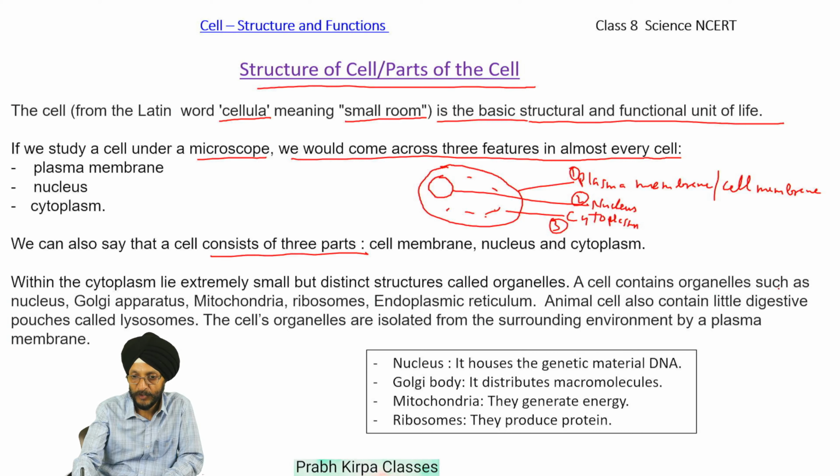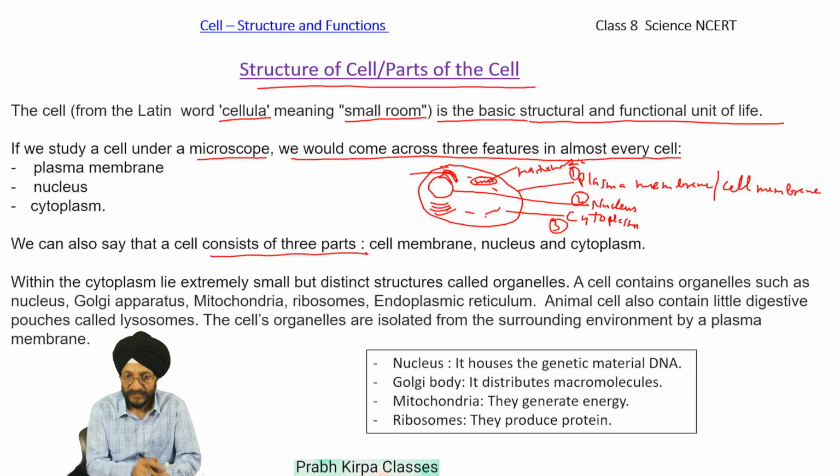A cell contains organelles such as the nucleus, then there are bodies like the Golgi apparatus, then there is another organelle which is known as mitochondria, then there are ribosomes which lie attached to the endoplasmic reticulum, or they may be floating in the cytoplasm, and there is also the endoplasmic reticulum, which is another organelle present in the cytoplasm.